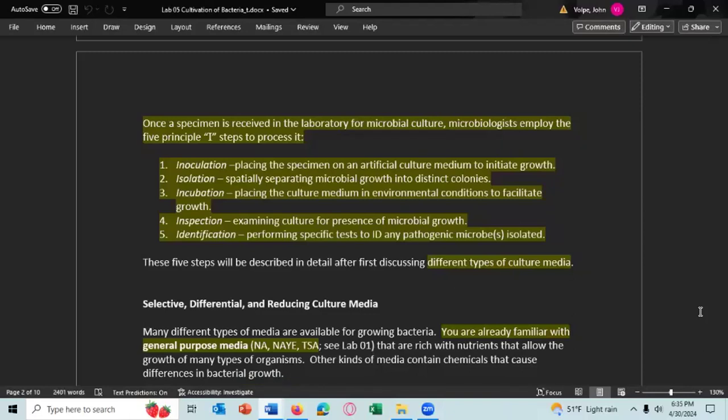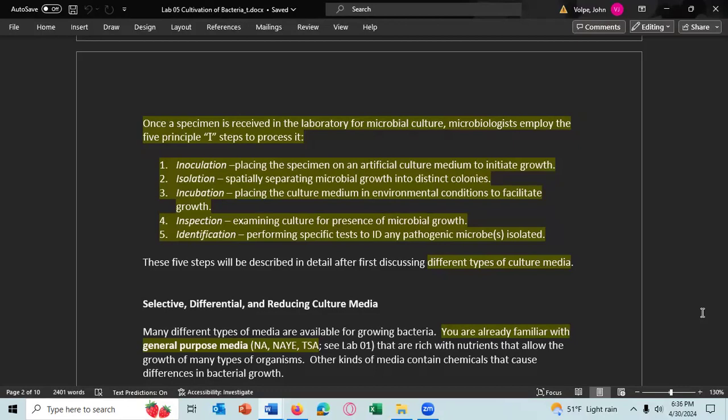3, there's incubation, placing the culture medium in an environment to facilitate growth. Usually, we incubate our plates or our tubes in an incubator. 4, there's then inspection.